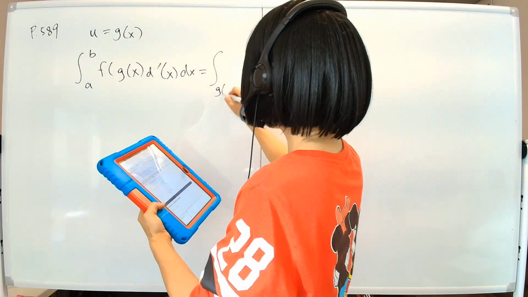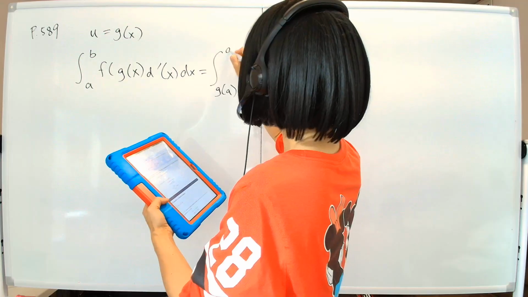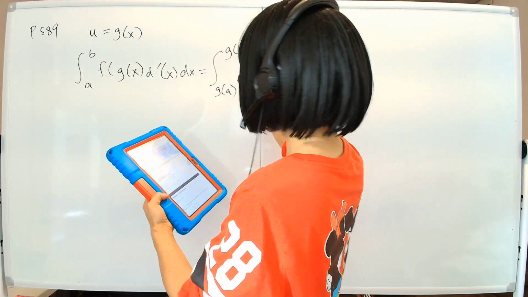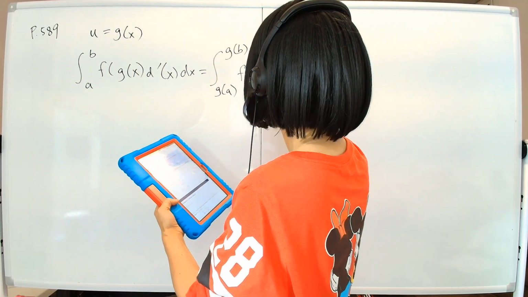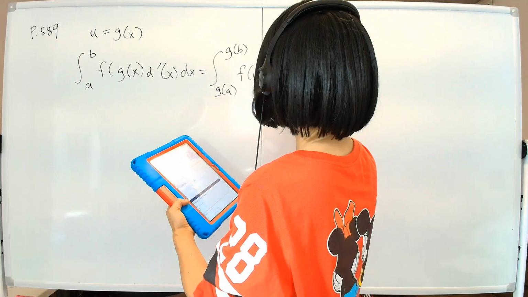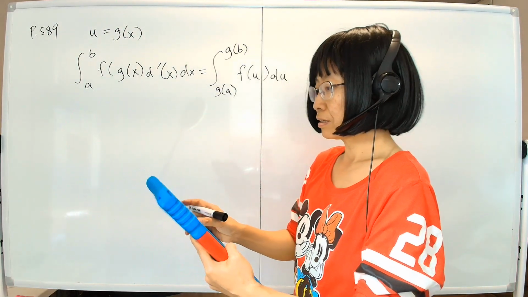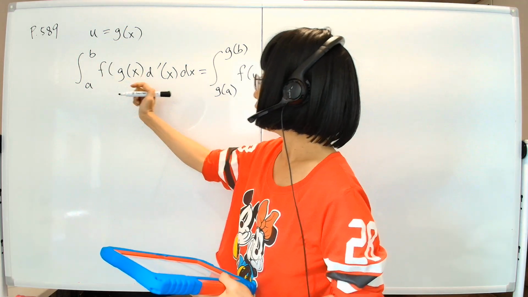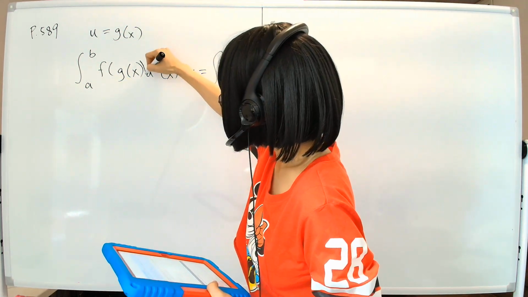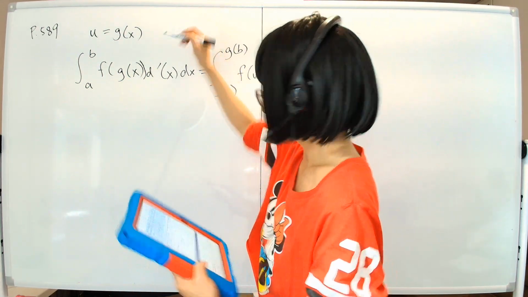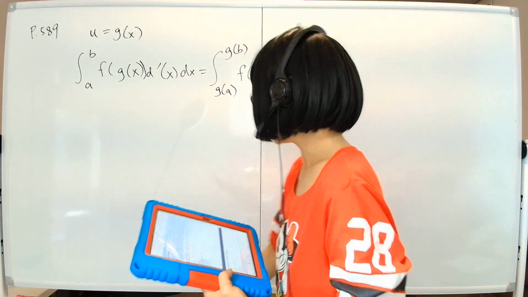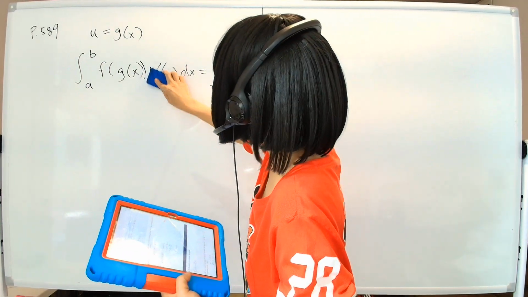equals the integral from g of a to g of b of f of u du, where the derivative of F is f. That's not a d, okay, let me fix that.